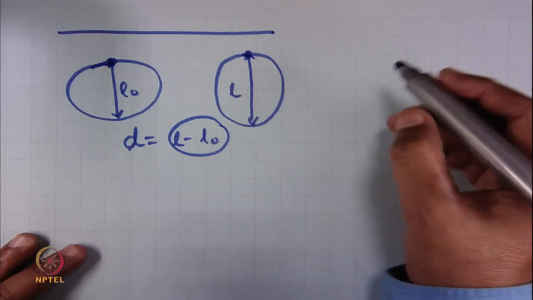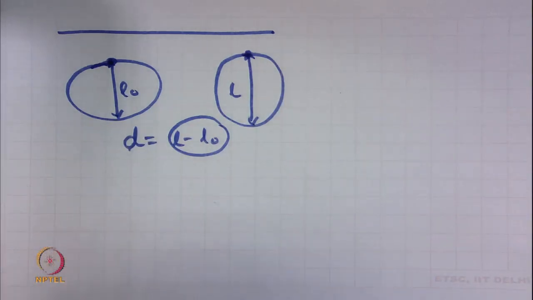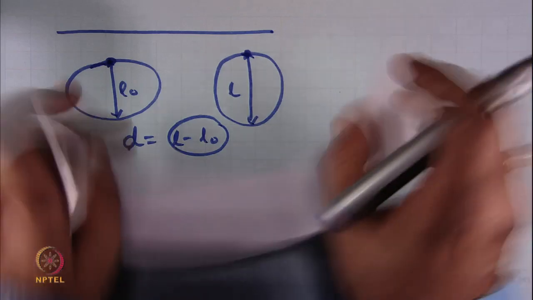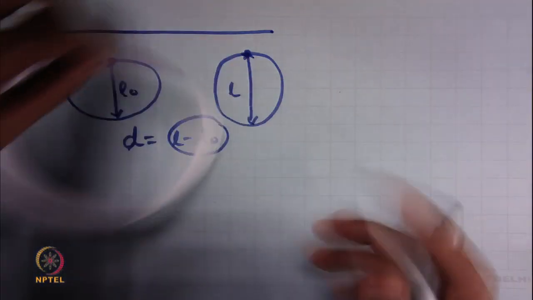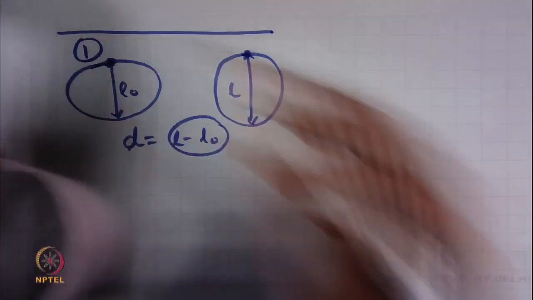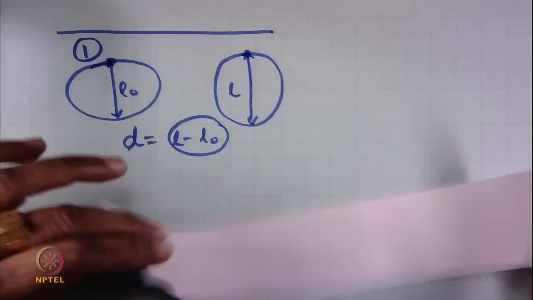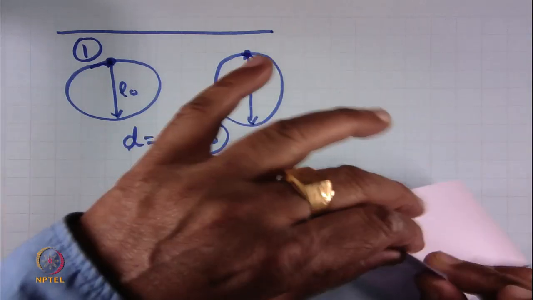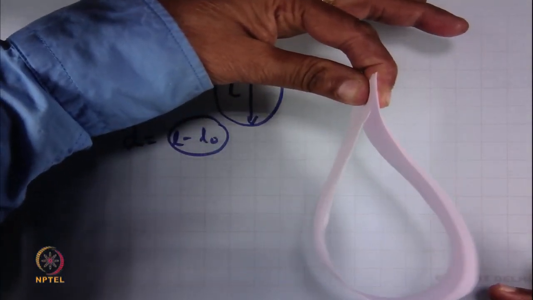Another formation which we can form, suppose this is the fabric, and if we have this type of formation, it is called the ring loop, which is 1. Second formation, this is the fabric which is formed in this fashion, just like a pear, it is called the pear loop.